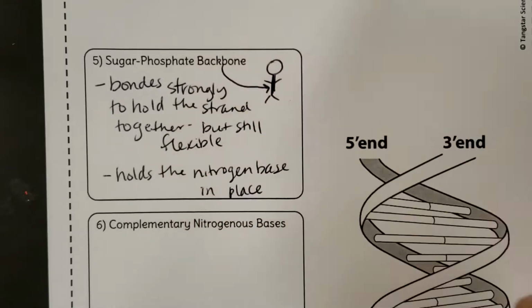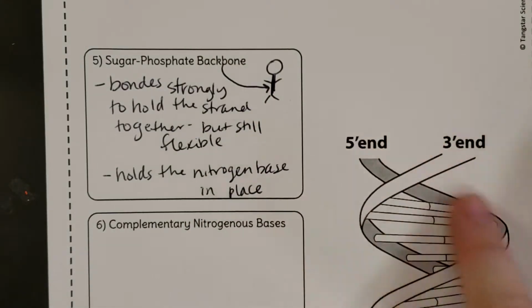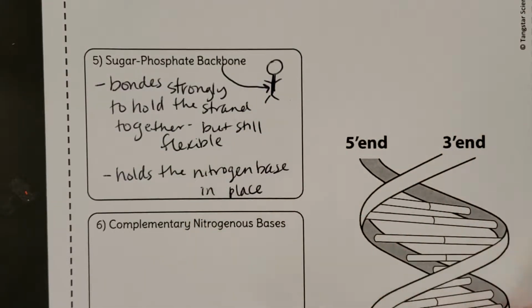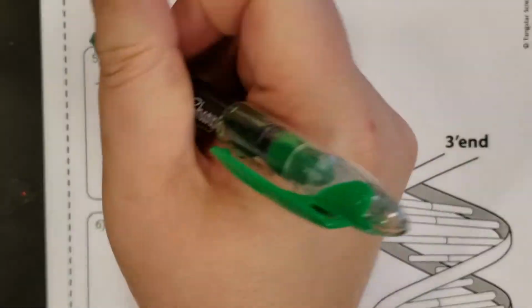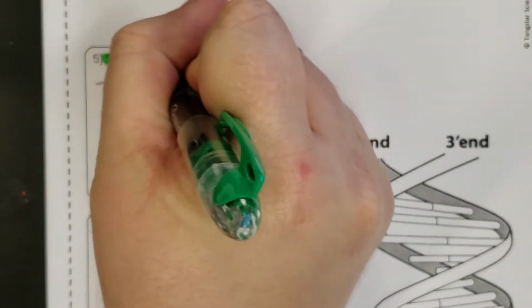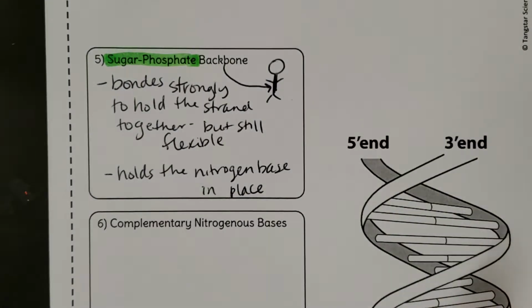Okay, so DNA, you can see it's two-sided here. This outside part is the sugar phosphate backbone. It's like the Oreo cookie part of an Oreo. So I'm gonna highlight both of those things with a green because in our other paper we highlighted them green.